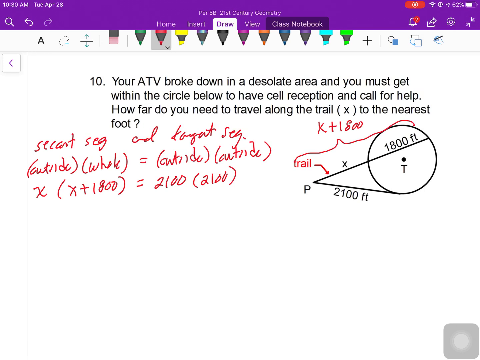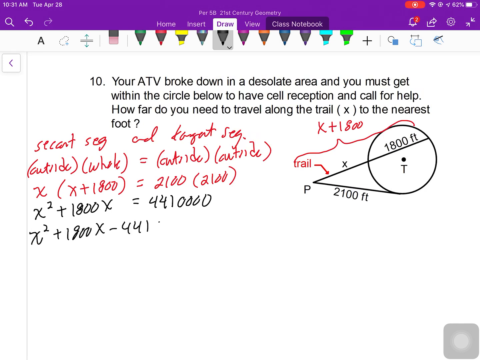For the tangent segment, 2100 times 2100. And from here on out, just algebra. Distributing, x squared plus 1800x, 2100 times 2100, 441, followed by 4 zeros.